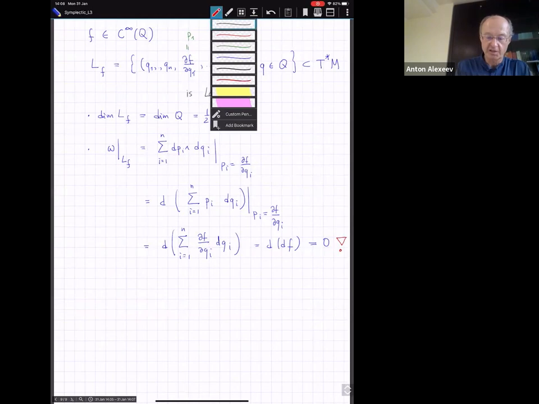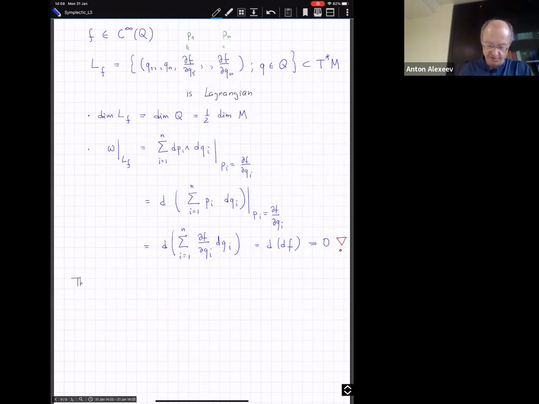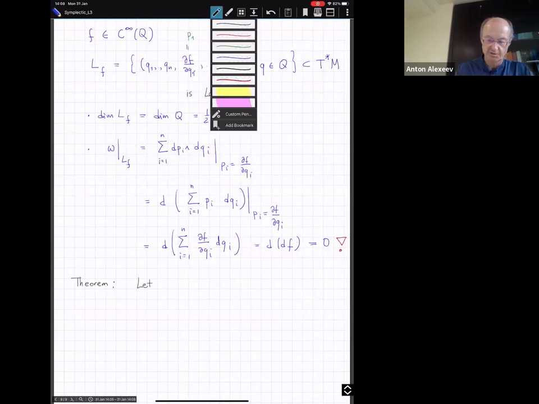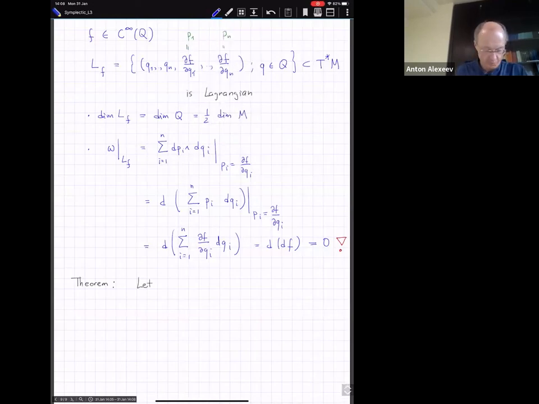And I would like to end up with the following theorem. Actually, this theorem, or a sketch of a proof of this theorem, is a homework. So the theorem is saying the following: let L inside (M, omega) be a compact Lagrangian submanifold.